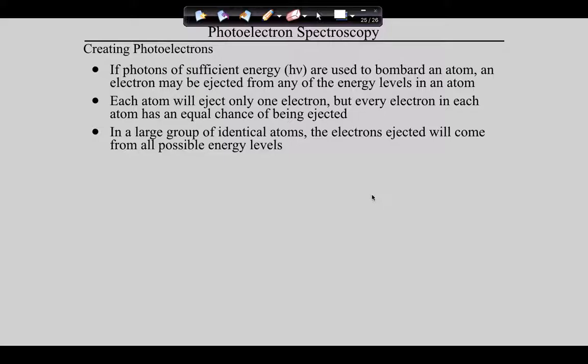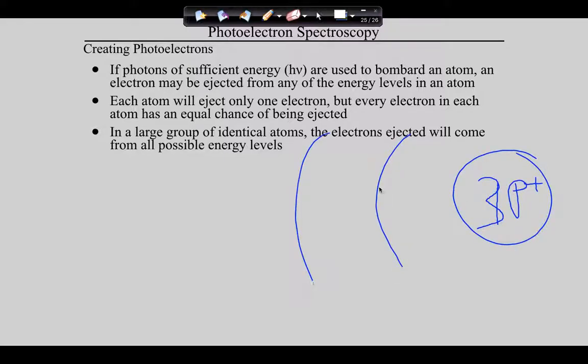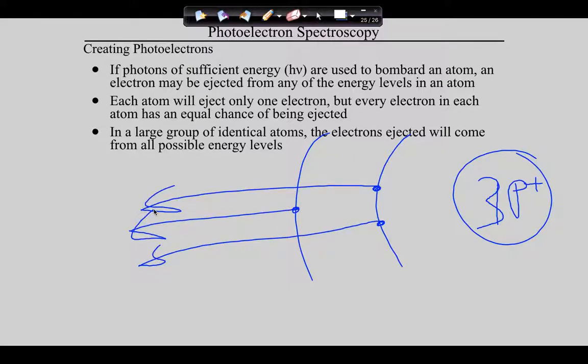Let's go with 3 protons, and let's say we've got lithium. If you hit it with these X-ray photons, some are going to release this electron, some are going to release this electron, some are going to release that electron. Only one each, but it could be any one of these 3 electrons.